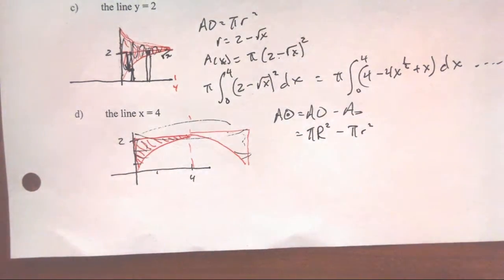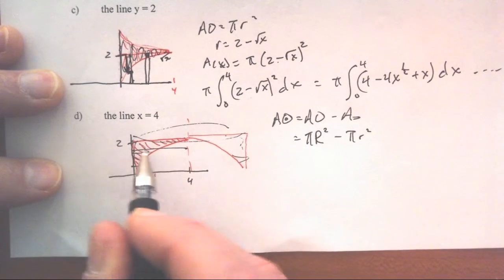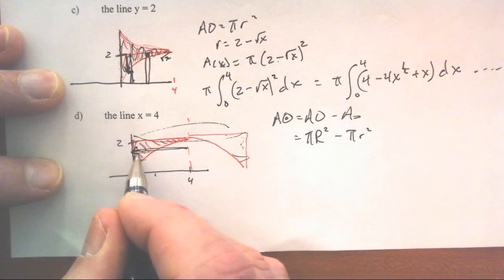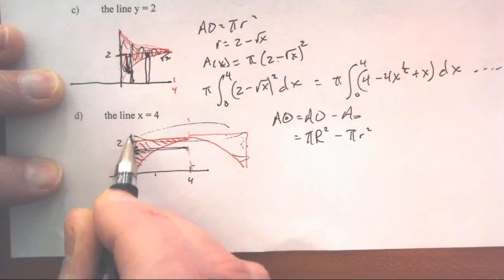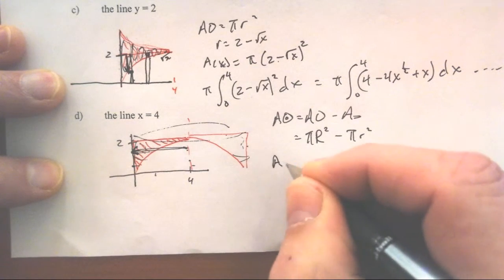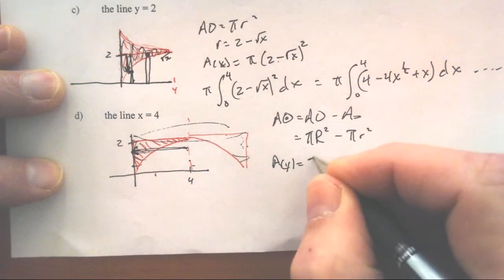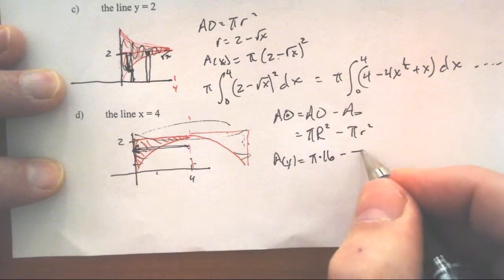What is my radius in terms of y? Well, my radius of the big rotation is simple. It's just 4. Always 4. So my area in terms of y is pi times 16, 4 squared, minus pi times.